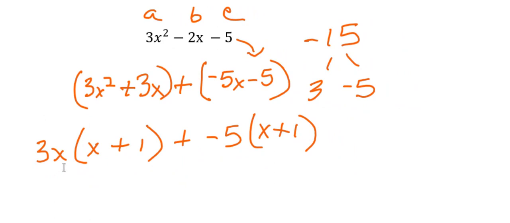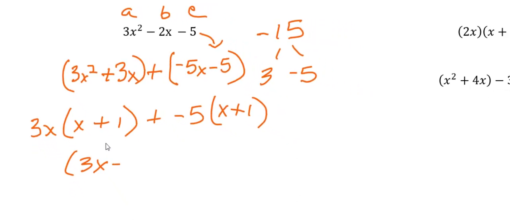So I take this value here, the 3x, and I take my other outside value, which is minus 5, and that's going to be multiplied times x plus 1. Since they're both being multiplied here by x plus 1 and here by x plus 1, I can gather them and multiply them both times x plus 1.